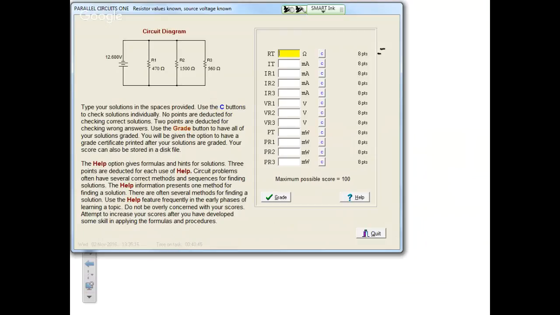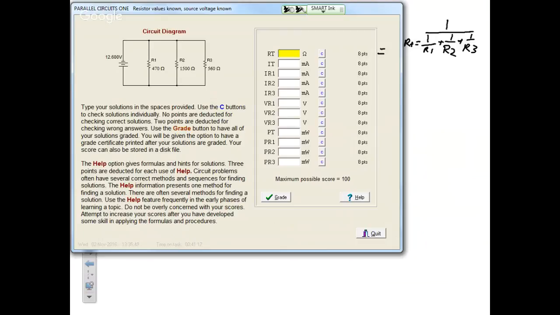So this formula here, and this is going to be your formula sheet on your test: RT equals 1 over each one of these resistive values, which is 1 over R1 plus 1 over R2 plus 1 over R3.